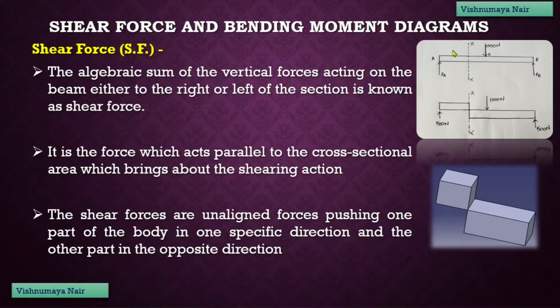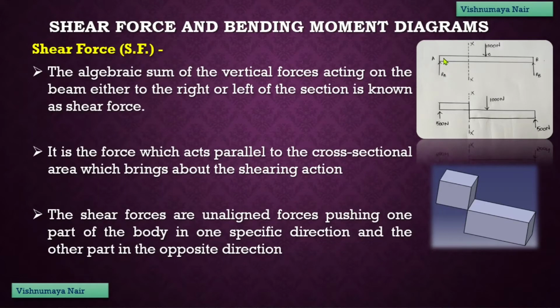You can consider left side or right side and we can obtain the value of shear force. So you just need to consider any one side, and the value of shear force will be equal to the algebraic sum of the vertical forces present on that side of the section.